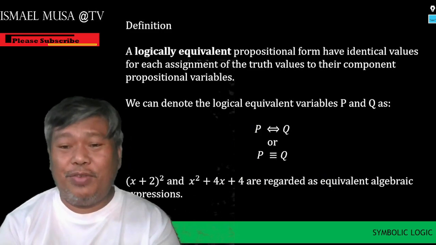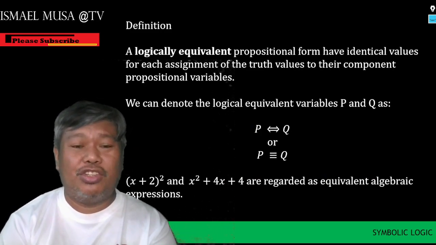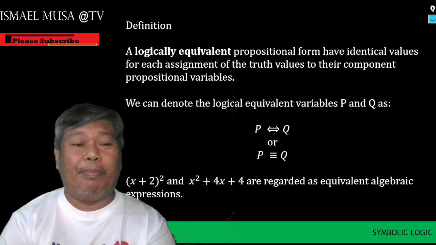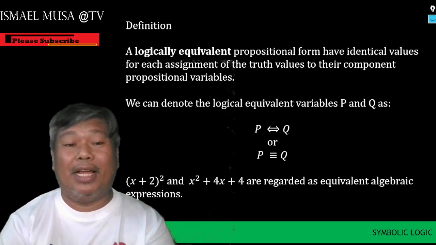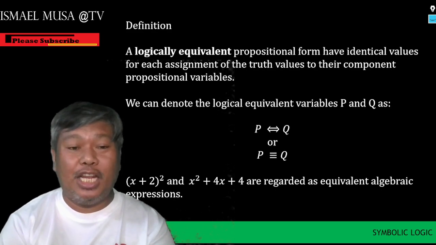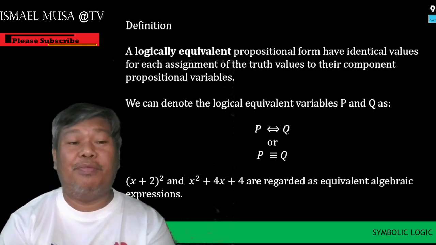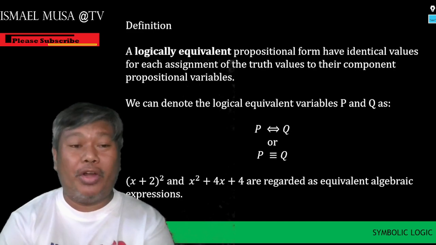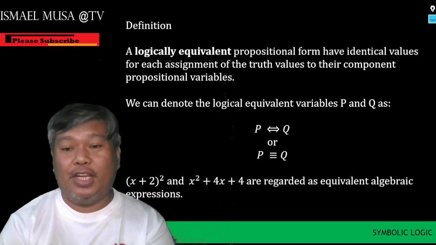Now, let's continue with our new lesson. Definition. We call this logically equivalent. Logically equivalent propositional forms have identical values for each assignment of truth values to their component propositional variables.